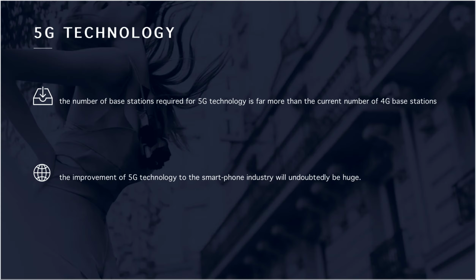Under this situation, whether the governments of various countries will make 5G construction a key area and whether the technical standards of various countries can be unified are issues that deserve continuous attention. But no matter what, the improvement that 5G technology brings to the smartphone industry will undoubtedly be huge.